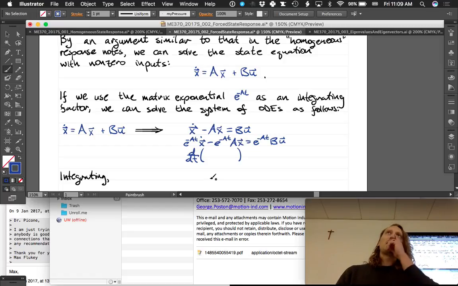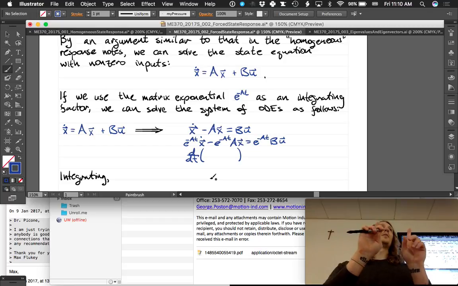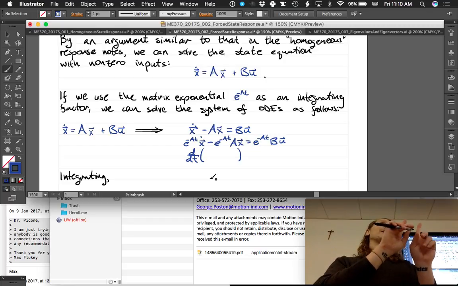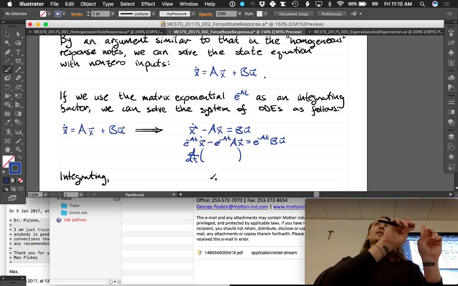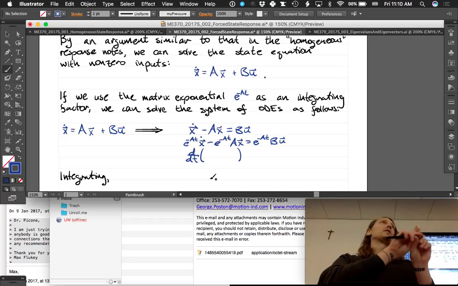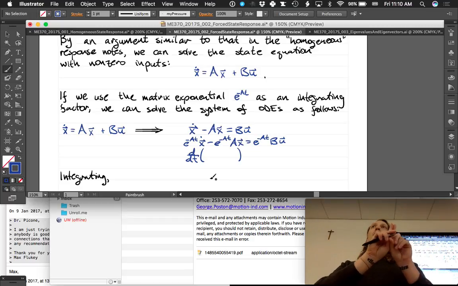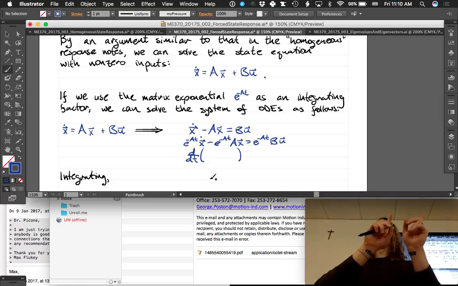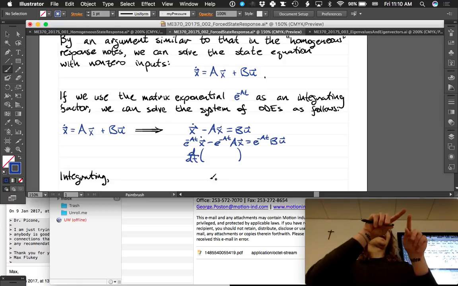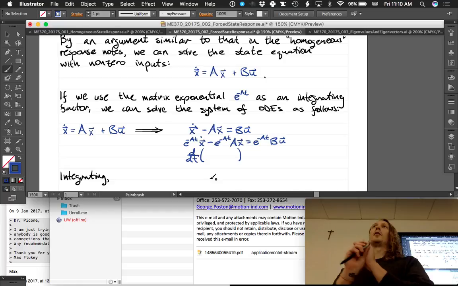So the product rule we need to use when we differentiate if we have two terms that both depend on time in this case. They both depend on time multiplied by each other, right? So you take the derivative of one, multiply it by the other, and you add it to the derivative of the other, multiplied by the first one.